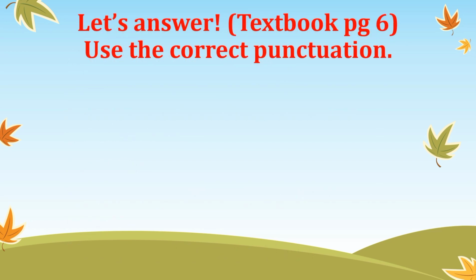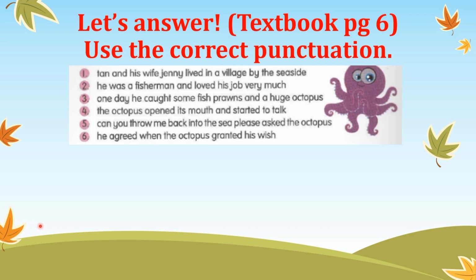Now let's try to answer these questions. You can refer to your textbook, page 6. Use the correct punctuation. Okay, you can take a piece of paper and try to rewrite these sentences with the correct punctuation. Now let's look at number 1. Tan and his wife Jenny lived in a village by the seaside.